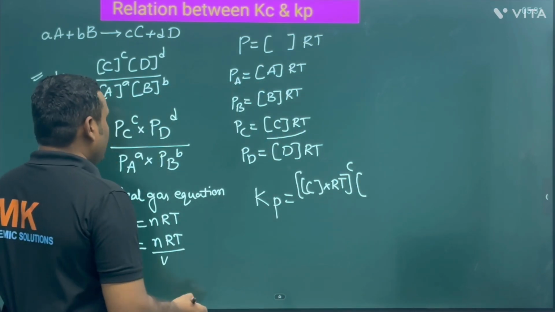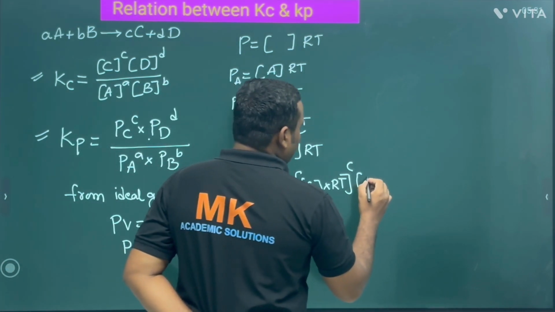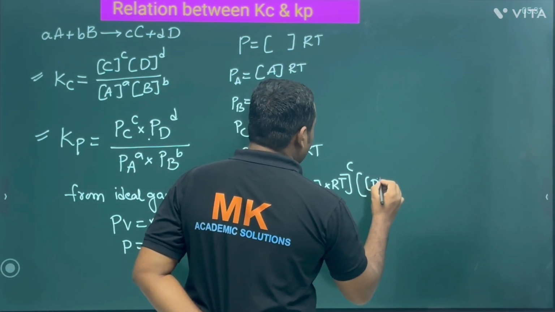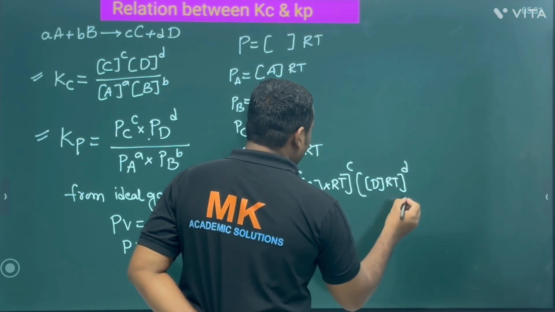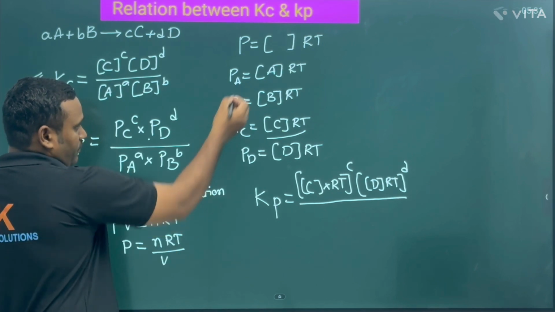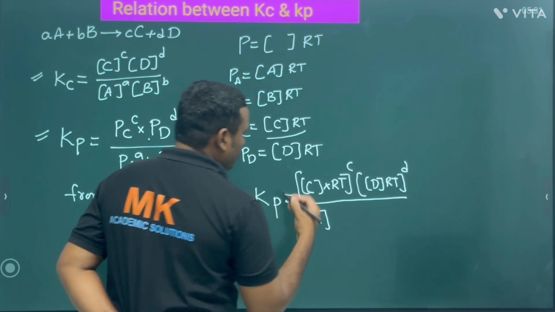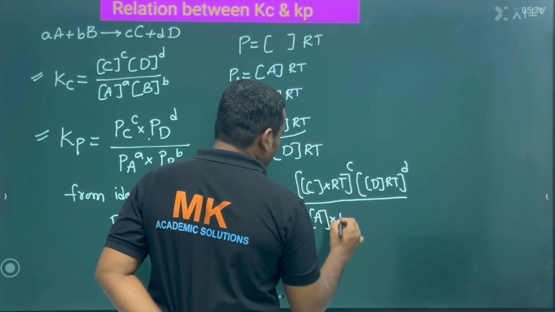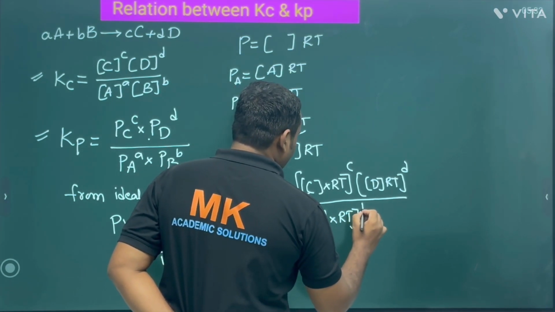Next, the partial pressure of D is the concentration of D into RT, whole to the power d, divided by the partial pressure of A. What is the partial pressure of A? Concentration of A into RT, to the power a.